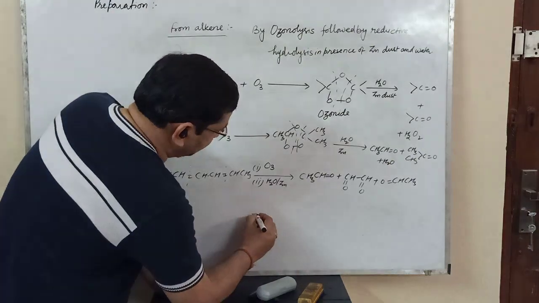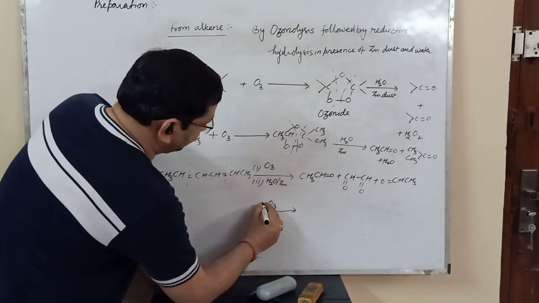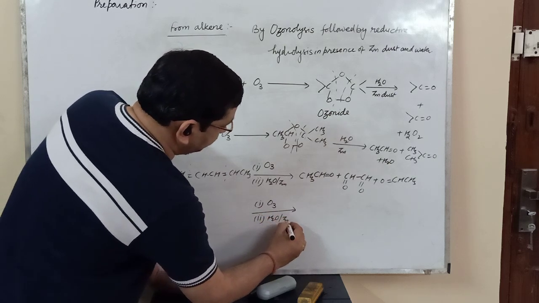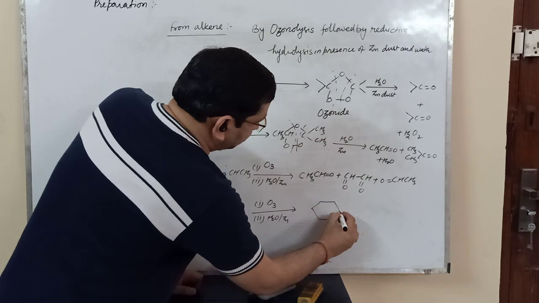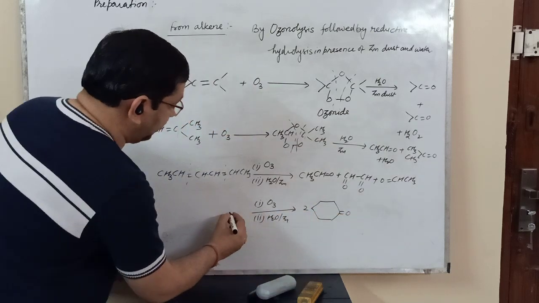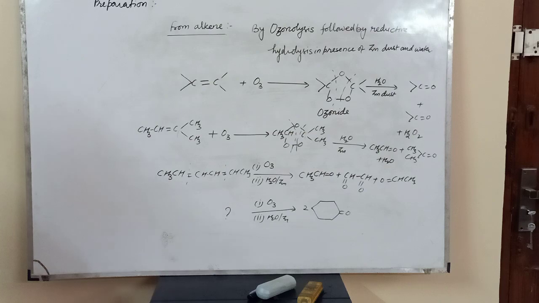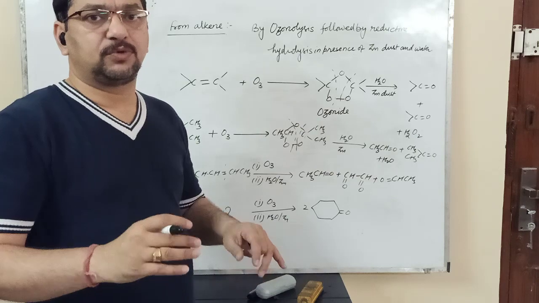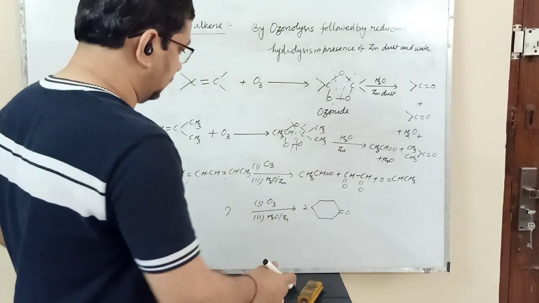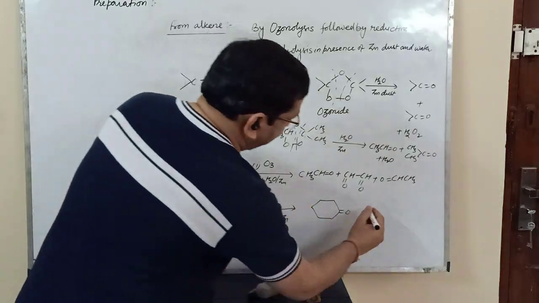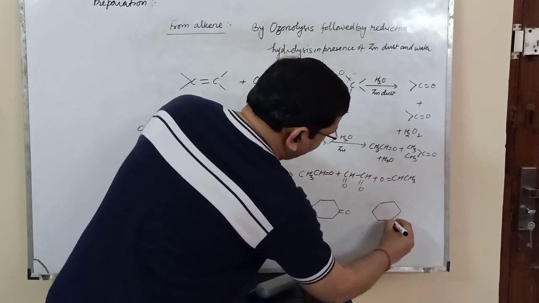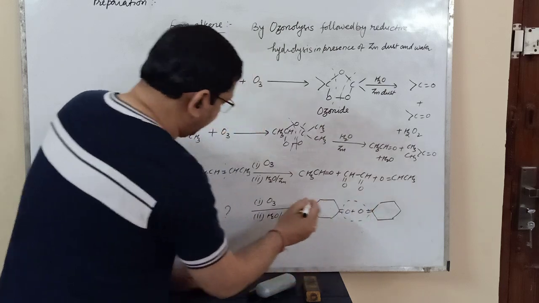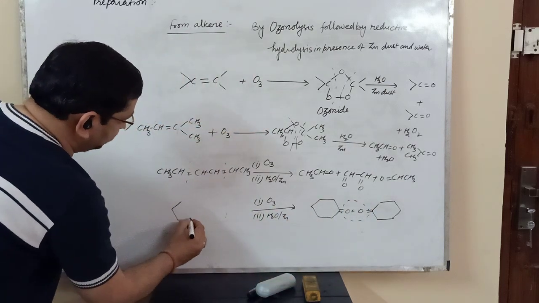Similarly, if we have the product only and we have to find out the reactant, then what do we have to do? We have to bring the CO groups of two compounds close to each other in this way, remove the CO group and put the double bond between the two.